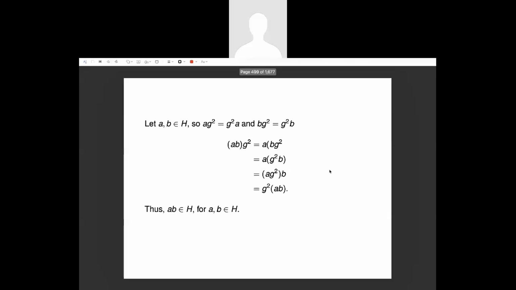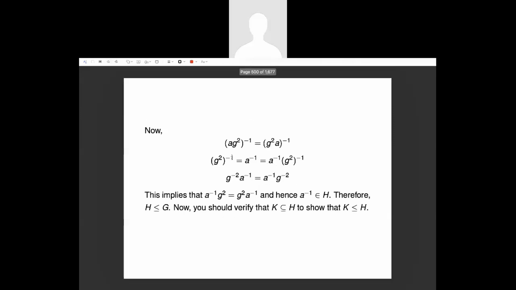And now we take a g squared inverse, which is equal to g squared a inverse. Then g squared inverse is equal to a inverse g squared. This is not an equal sign; we use the product rule here. This was by mistake.